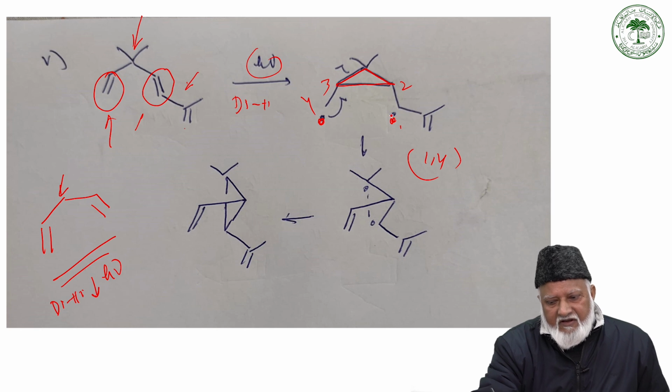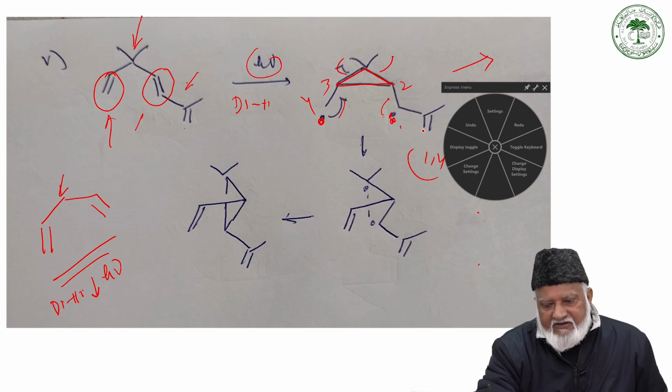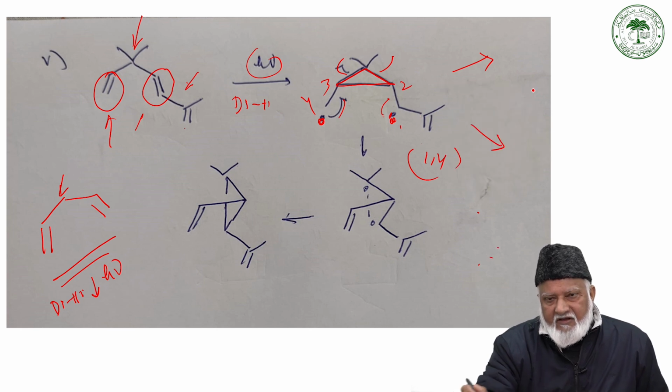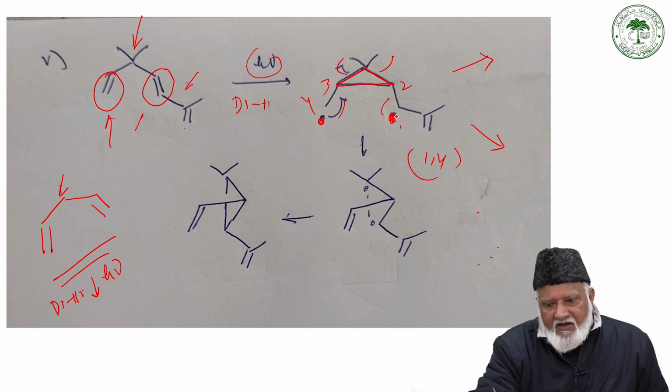You can form a double bond here and cleave this, or form a double bond here and cleave this. So there is a possibility of two products here as well. But unfortunately, this radical is stabilized by a double bond, and a stabilized radical is not going to form a double bond.